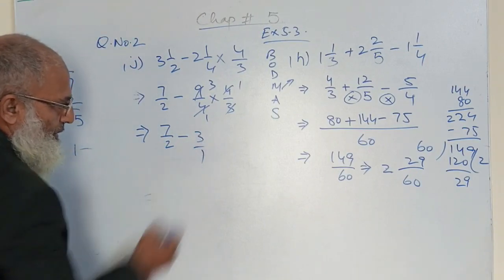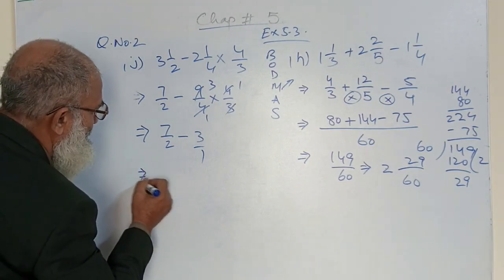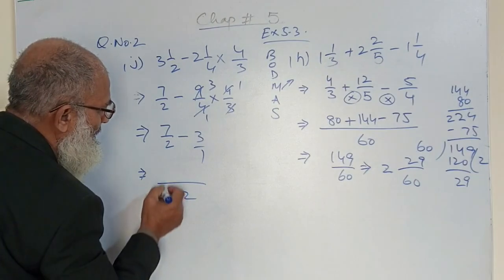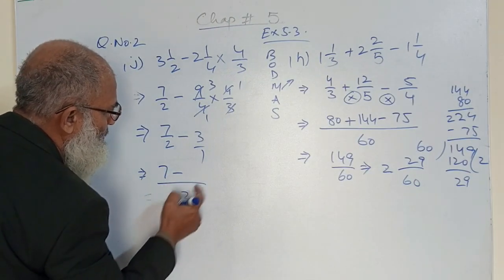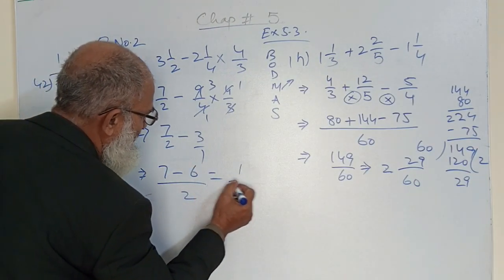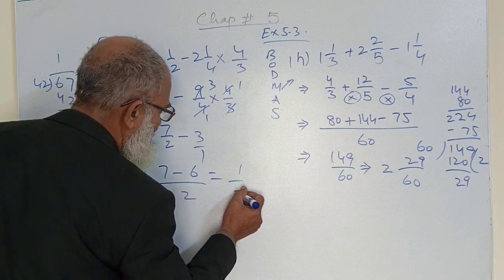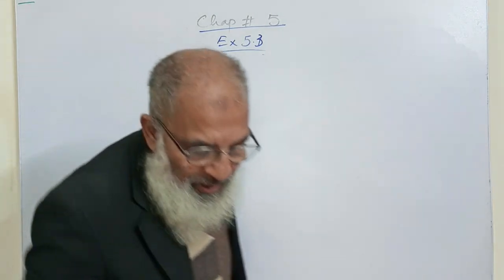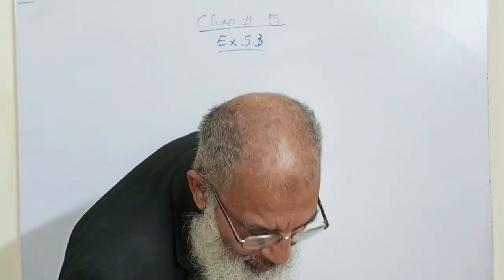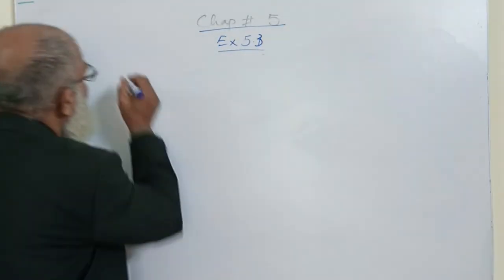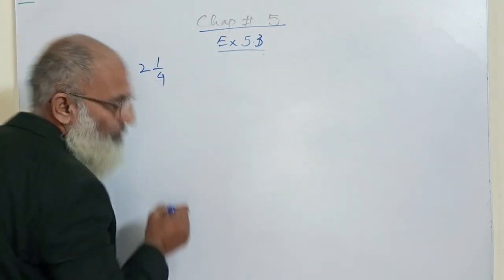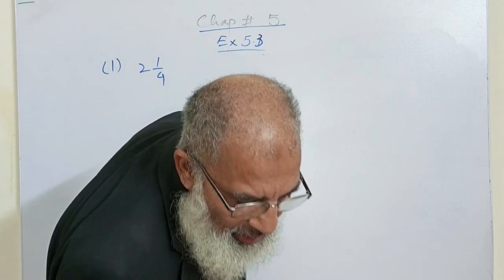So 2 is the LCM: 2 1 times 2, 1 2 times 6, and it comes to 1 upon 2. This is your answer.